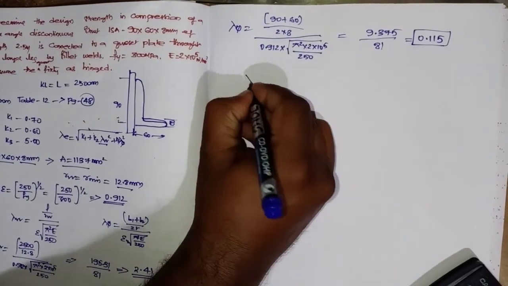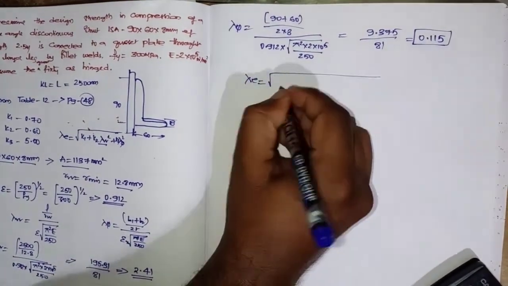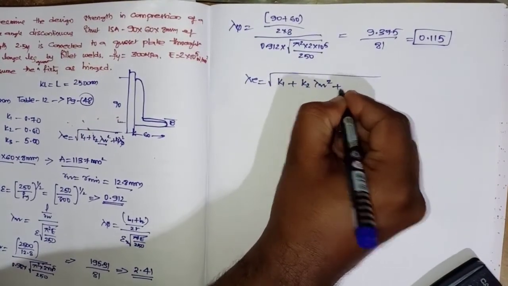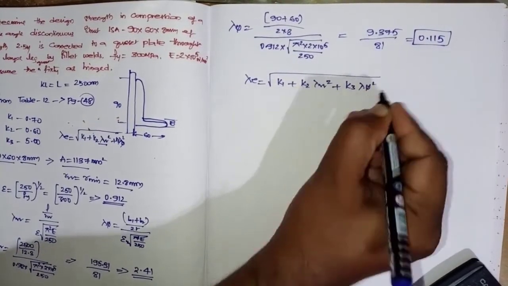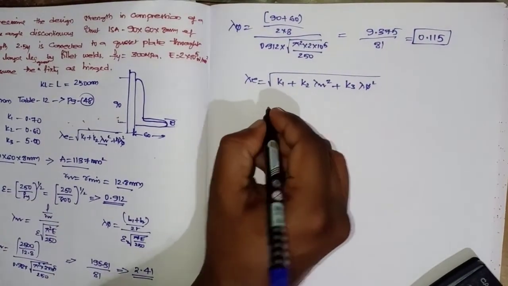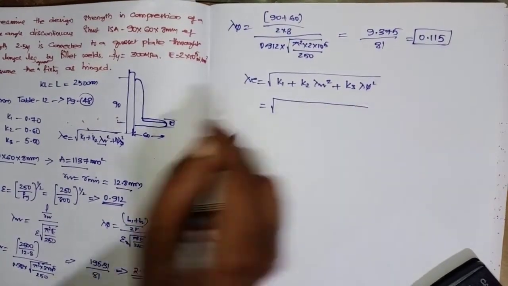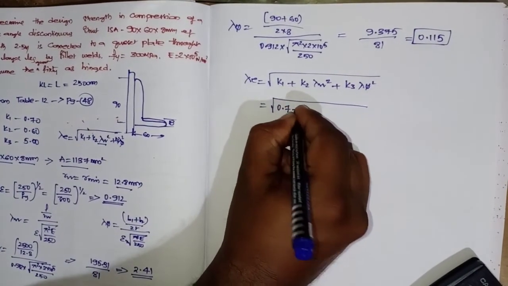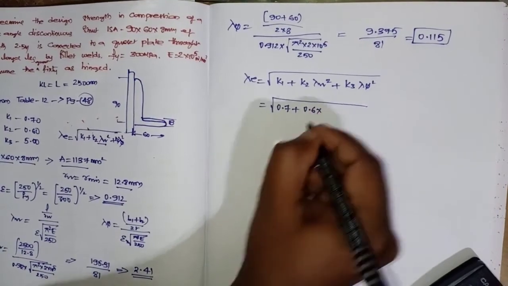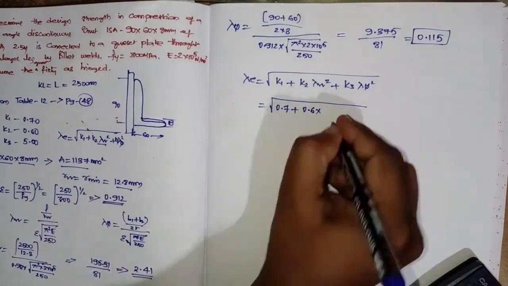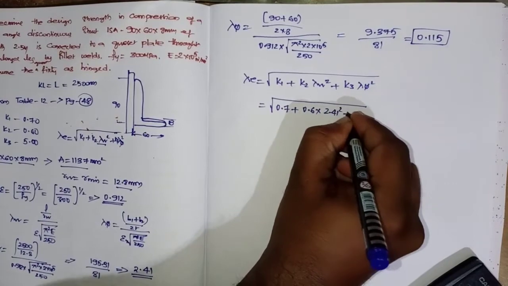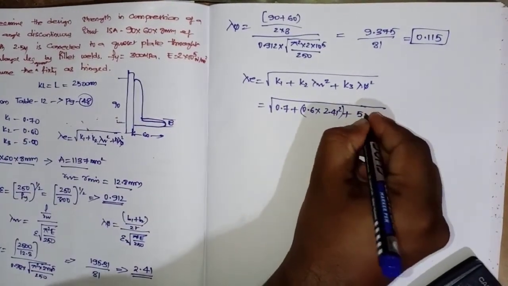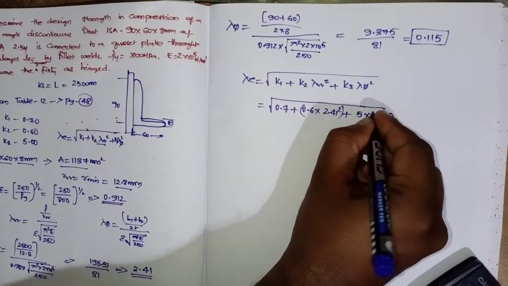Substitute here. Therefore lambda E equals, what is the formula? Root of K1 plus K2 into lambda VV square plus K3 into lambda phi square. Now if I substitute here, K1 is 0.7, plus K2 0.6 into lambda VV, which you got as 2.41, square, plus K3, 5, into 0.115 square.